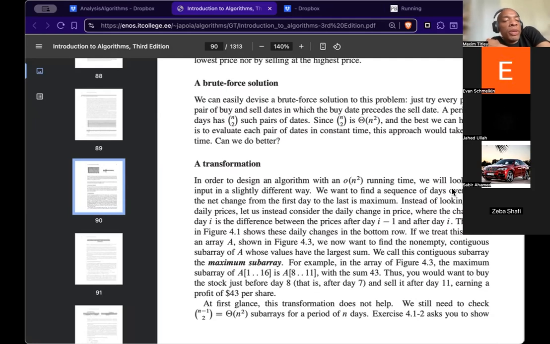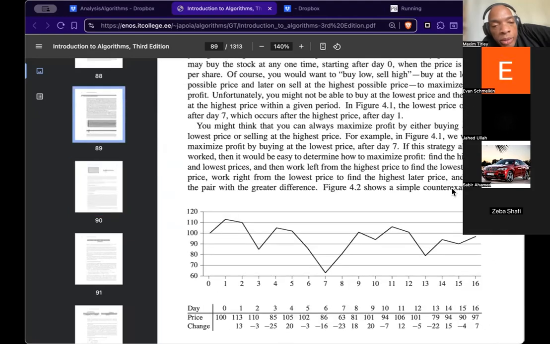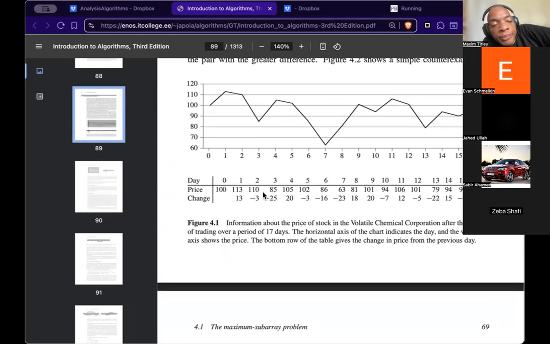The table in figure 4.1 shows that these daily changes in the bottom row are what were recorded. So the difference between 100 and 113 is a difference of 13. But now you take that and we talk about the difference between that and 110, and it's -3.